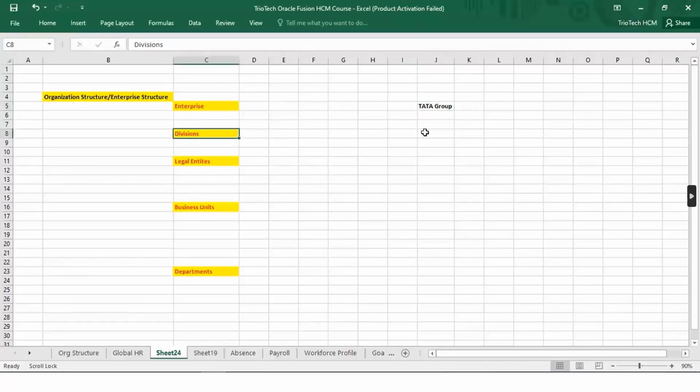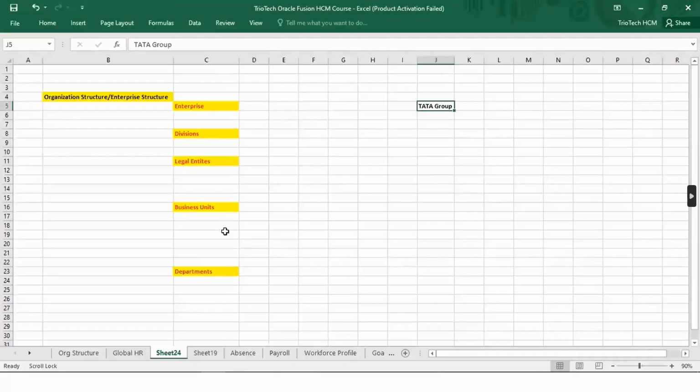Let's suppose Tata Group is operating in the market across the globe. They have the organization, so they are into diversified businesses. Like Tata is into automobile industry, they're into IT industry, chemical industry, FMCG, food and beverages, aviation industry.